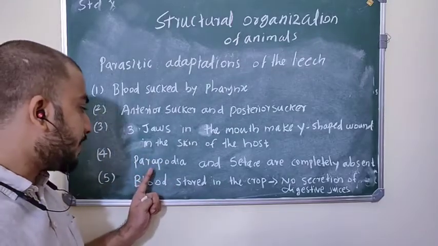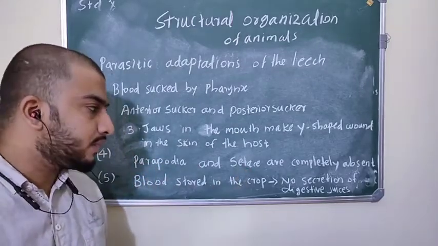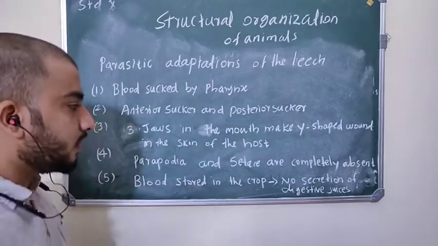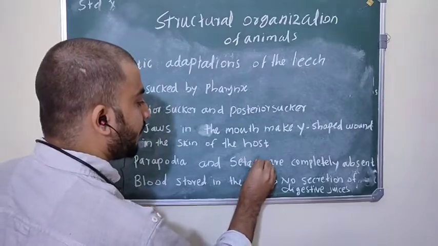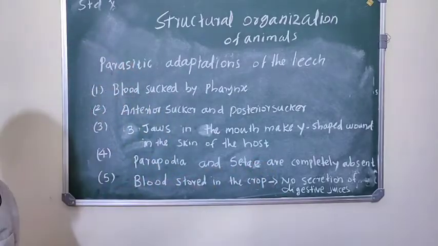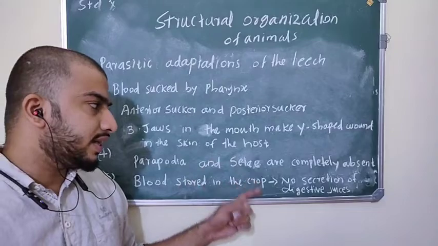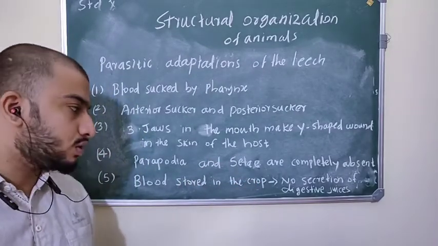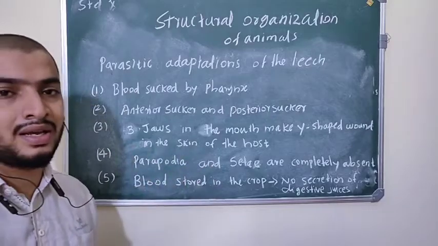Then absence of parapodia and setae. Setae and parapodia are completely absent in leech. These help locomotion in other animals, but those locomotive structures are absent in leech.